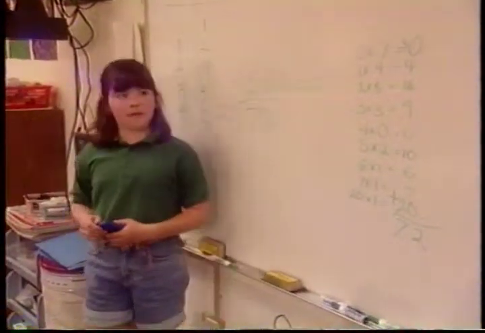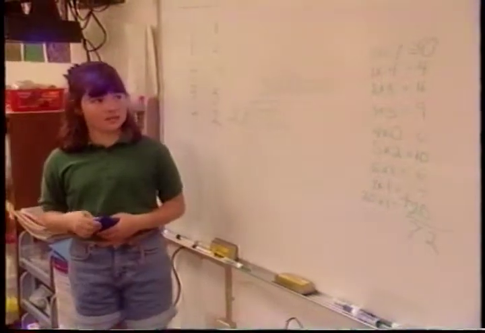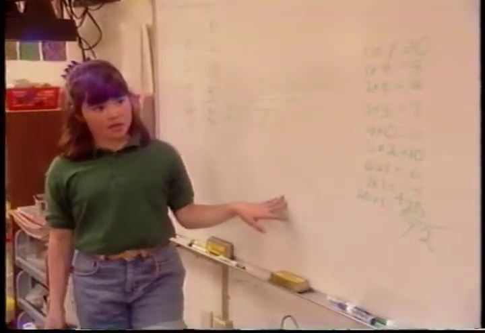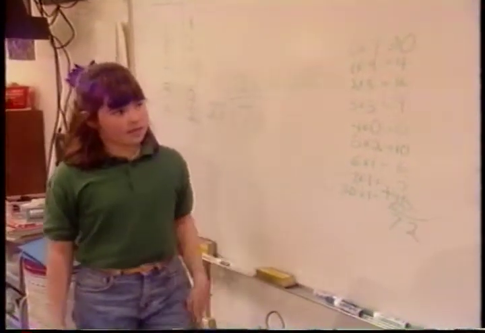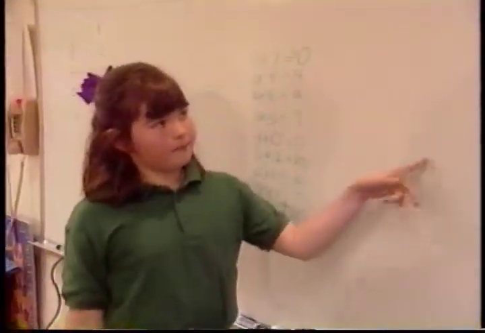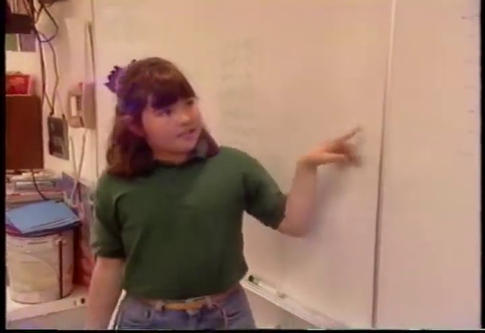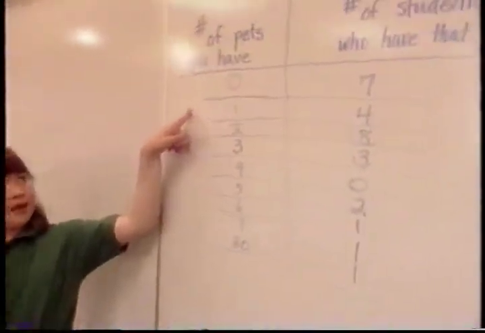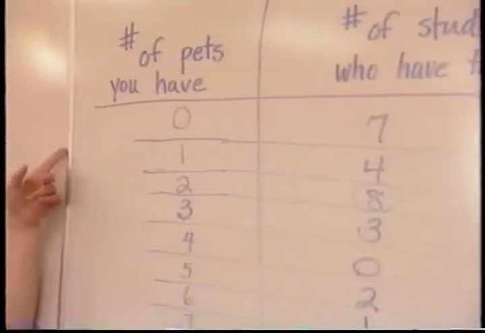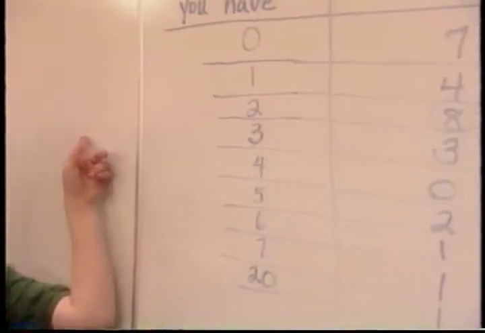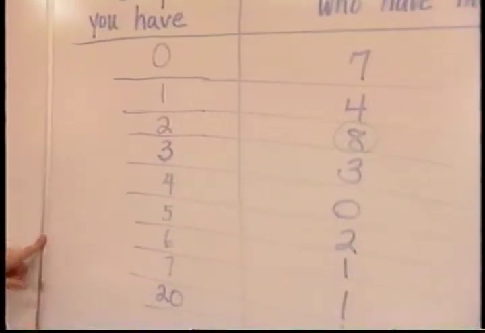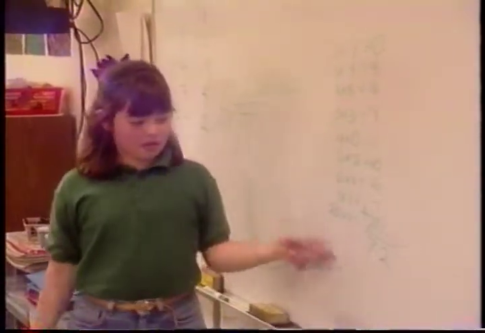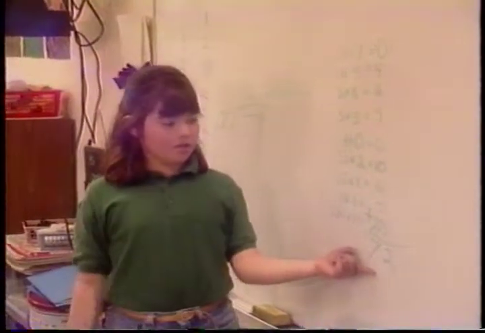I gathered how many pets we had, and I put how many students have 0 pets, which is 0 times 7, and that is how we got these to equal our total number, 72.